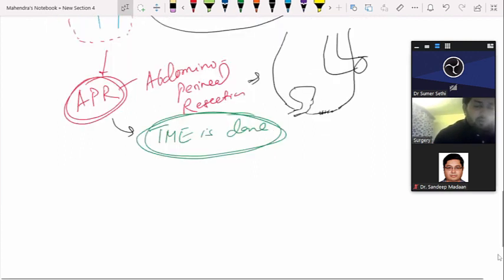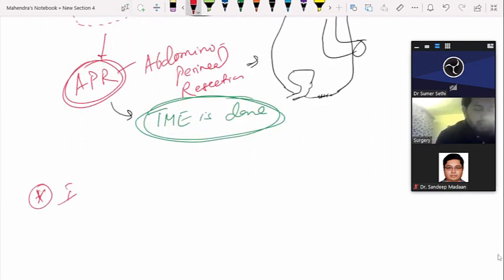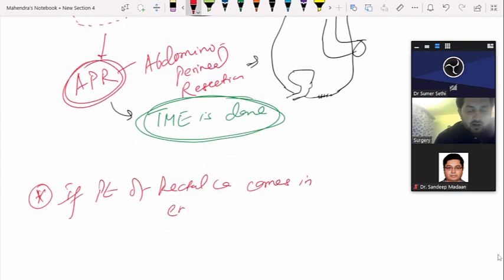now a very important question. If a patient of rectal cancer comes in, suppose he comes with features of obstruction or perforation or severe bleeding.